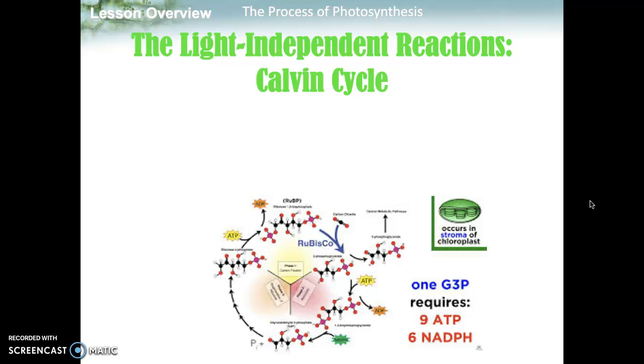Also, we need to mention that it was during the light-dependent reactions that the oxygen was produced. So let's get moving on this second part, the light-independent reactions.